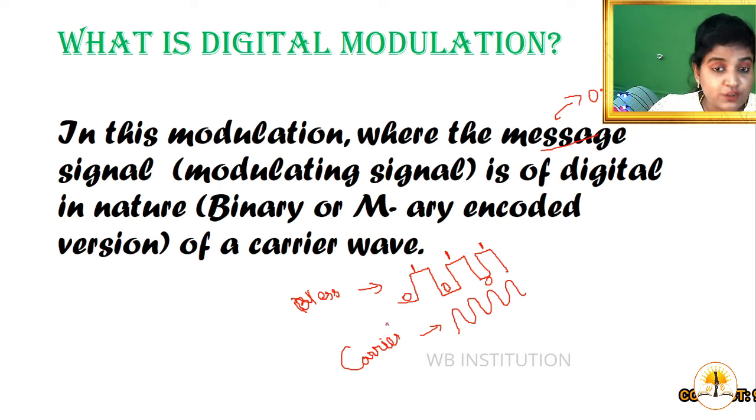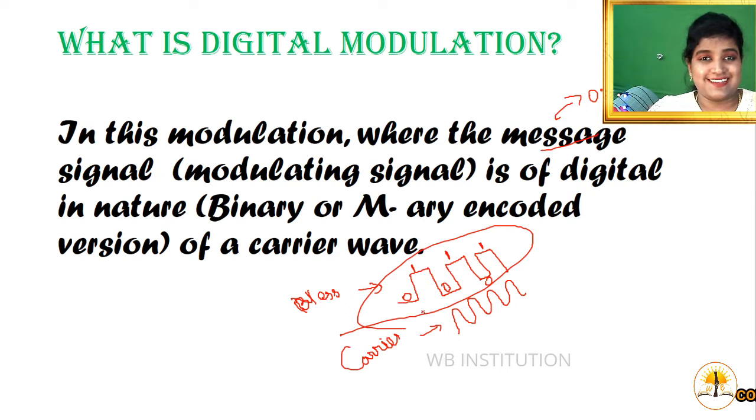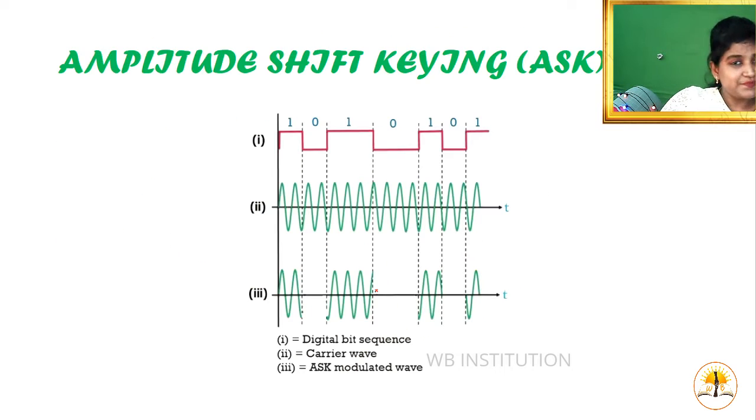The main important concept is that the message signal is a digital signal. That is the underlined point under digital modulation. Clear? Fine. I have already stated that under digital modulation we'll have three different types. You have seen it earlier.